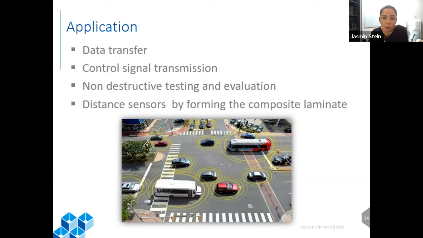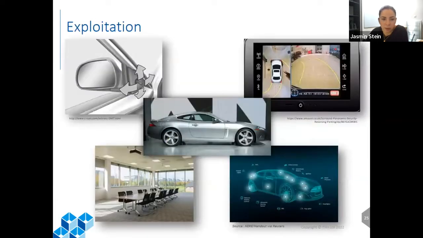And I mentioned to you the proximity sensing, so you can use it for distance sensing, specifically in a car, and map where everything is as shown in this structure. But that's in a car; in reality, you can use it anywhere. So in the car, I have given a few examples where you may want to control your side mirrors, or where you have your parking cameras.